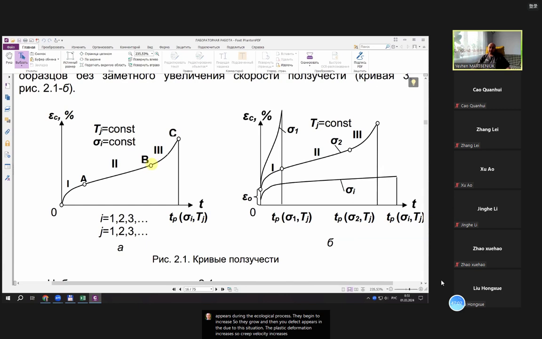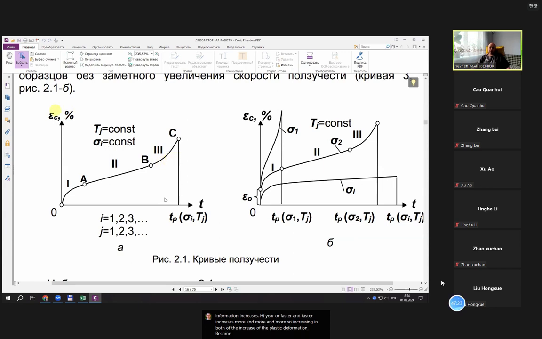With each next loading, each next operation, the plastic deformation increases faster and faster, more and more. So the total increase of the plastic deformation with time becomes faster and faster.